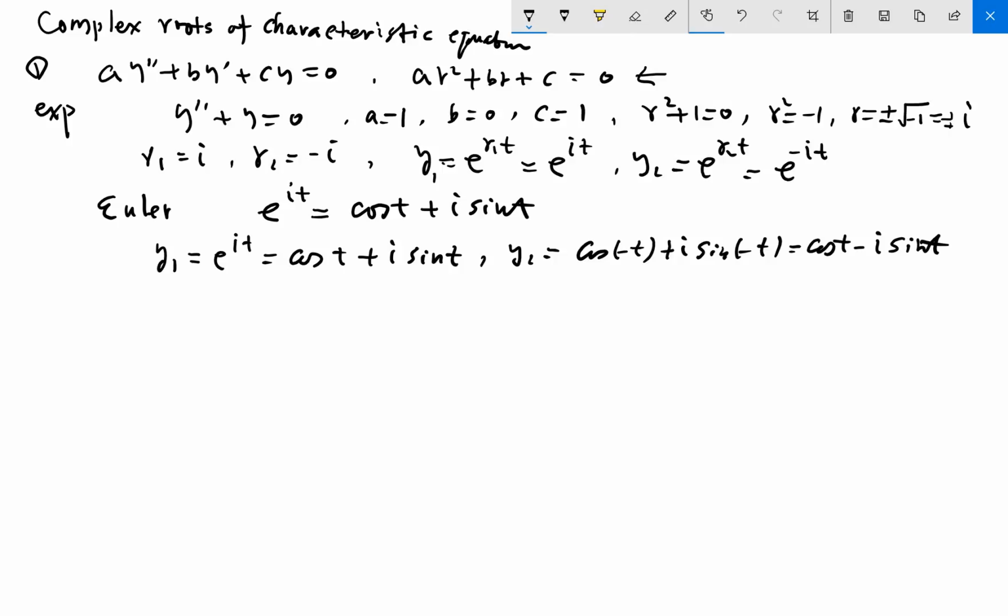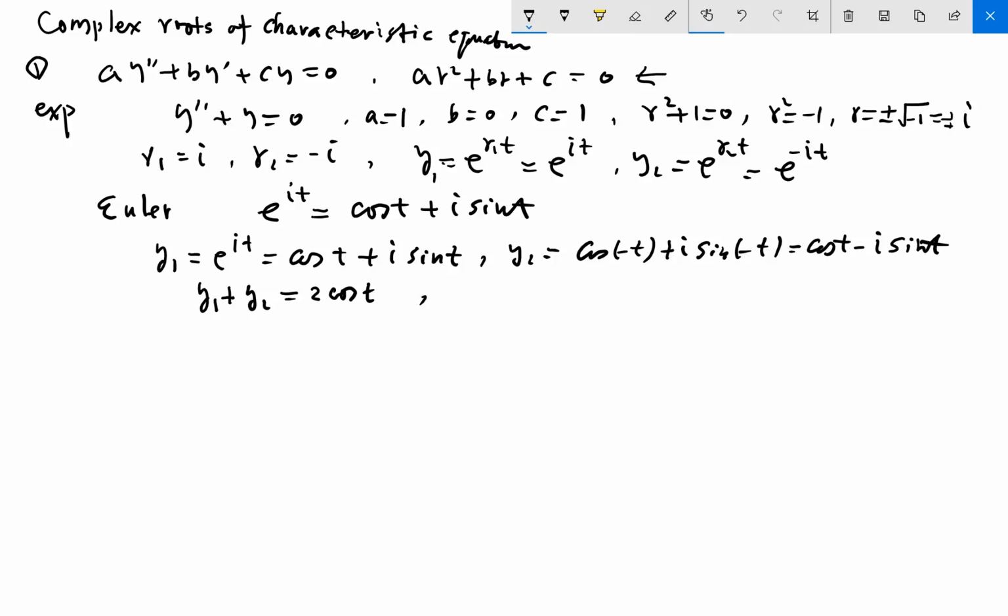Remember, in the previous section, we learned that if y1 and y2 are solutions, then adding those two solutions together is still a solution. For example, we add y1 and y2 to give you 2 cosine t, and the i sine t cancels.